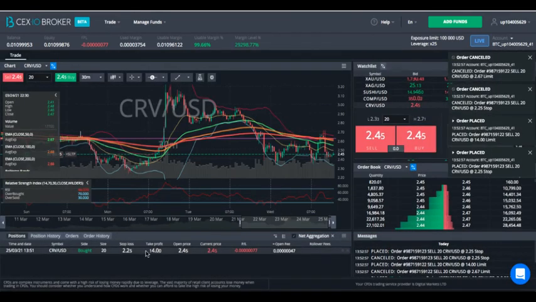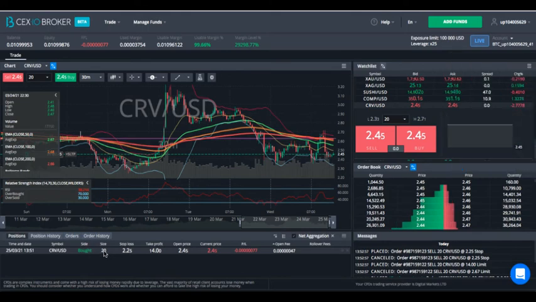So now down here you'll actually see the details of my order. I bought 20 CRV in terms of my trade. My stop loss is at 225. My take profit is at $14. It tells me what the open price is, what the current price is, and what my current profit or loss is.